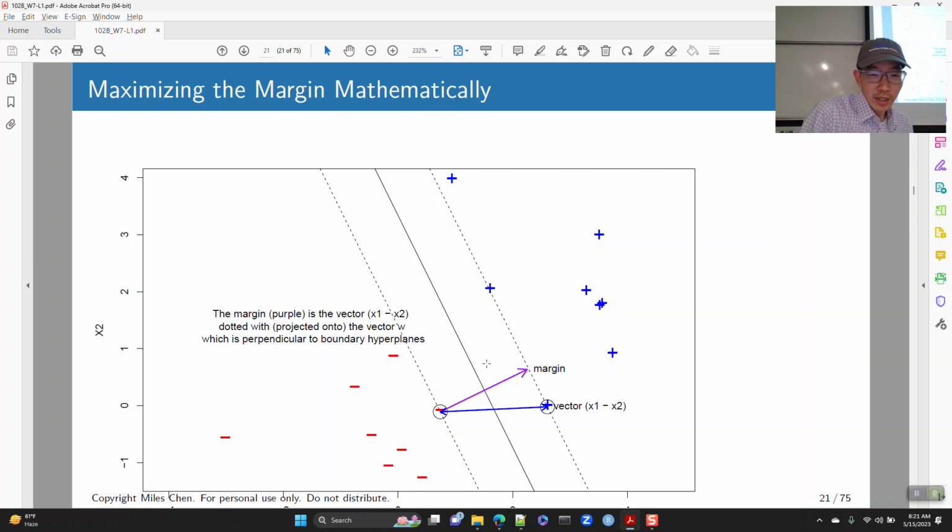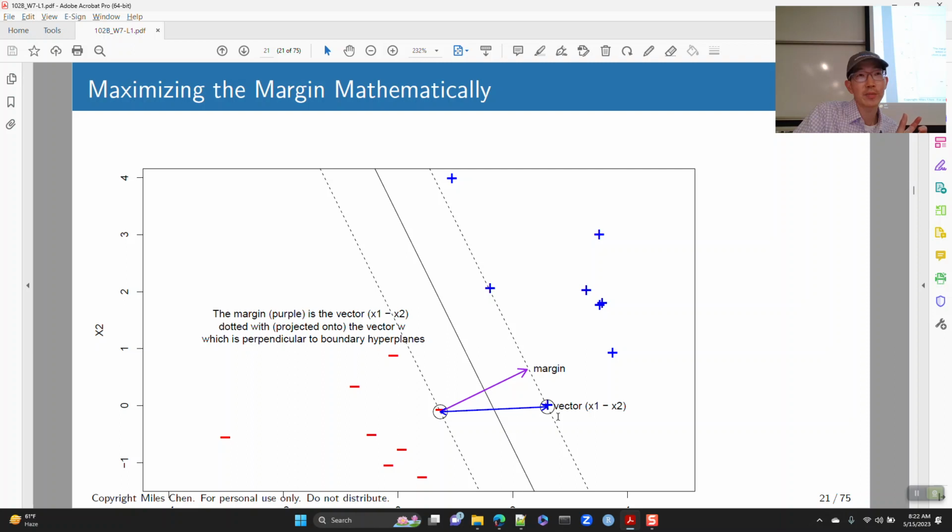Okay, and so this purple vector can be thought of as, let's take the vector, right? We can define a vector as the difference between this point x1 and this point x2. So I've got this blue vector, and if I take the dot product with the vector that's perpendicular, a vector that's parallel to this purple arrow, then we will get the distance.